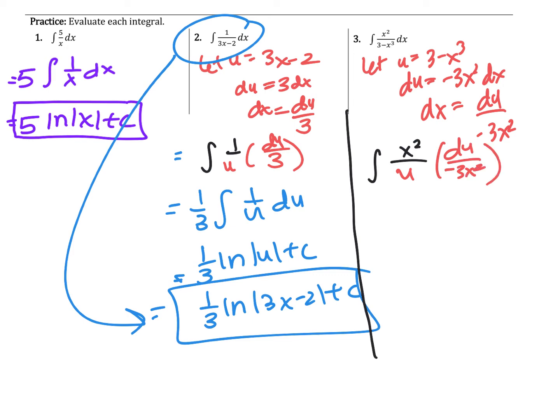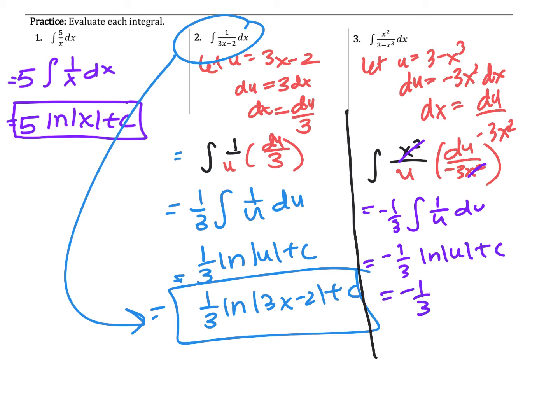So things that simplify, the x squareds, and I'm going to take the 1/3 in front. So I have negative 1/3 times the integral of 1 over u du, which is going to equal negative 1/3 times natural log of the absolute value of u plus c, which is going to equal negative 1/3 times natural log of the absolute value of what u was, which is 3 minus x cubed, plus c.